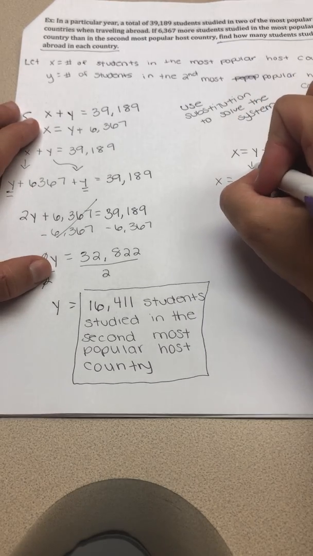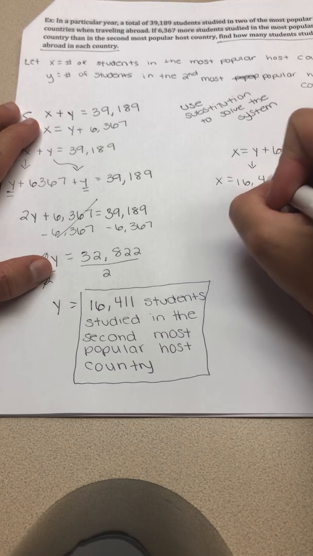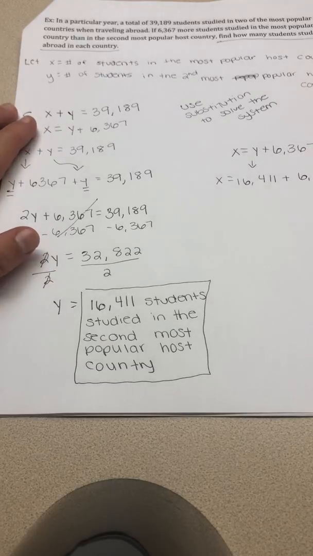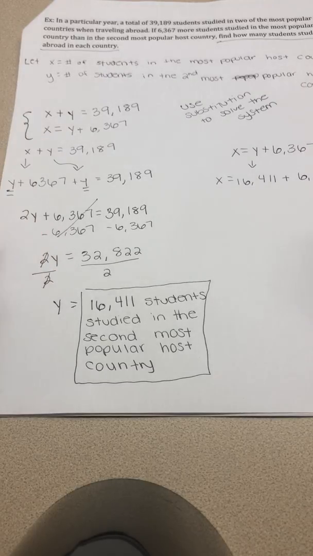We know that y is 16,411. So x equals 16,411 plus 6,367.